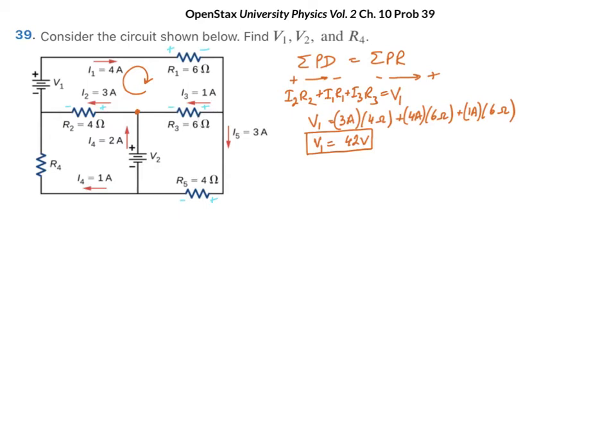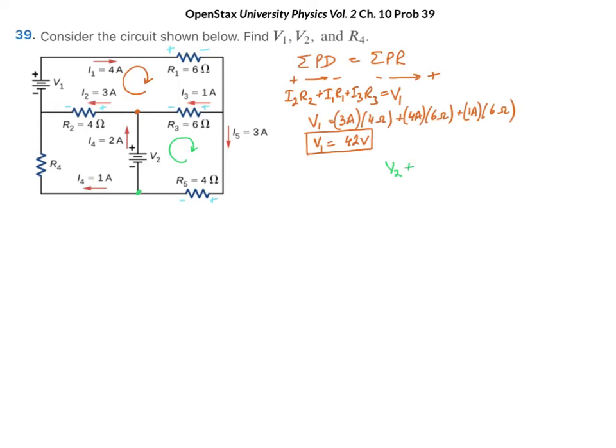So now I'll just have to pick a direction to go around the loop. So I'll just pick clockwise and start at this point. So I'm going to go first through the battery from minus to plus. That will be a rise. So rise is over here, that's V2. Then I will go through R3 from minus to plus, that is a rise.